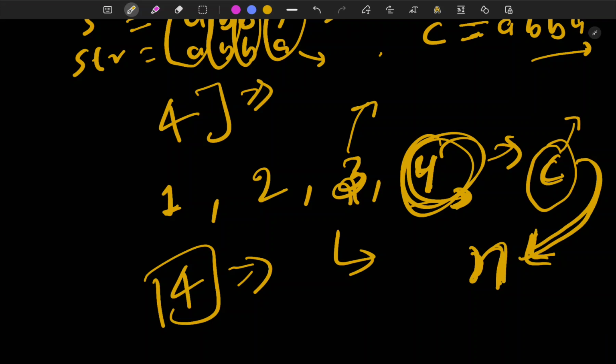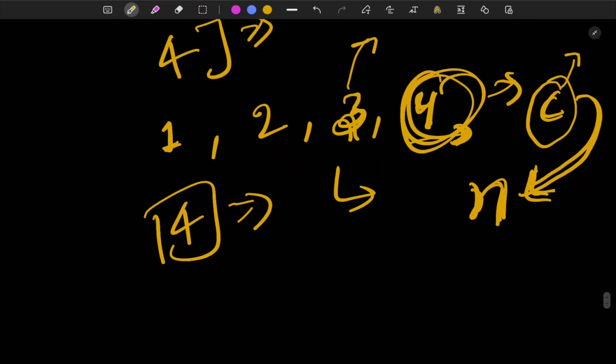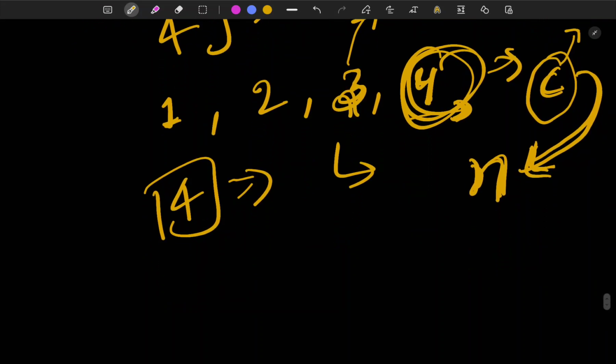Okay, a string of length equal to the length of string s, which is given in the statement. So basically, in this problem, you have to think this only: I will take the string C of only those lengths which are divisible by n.